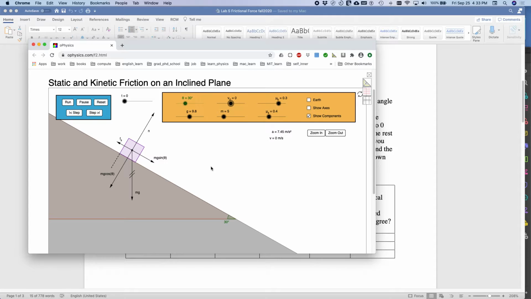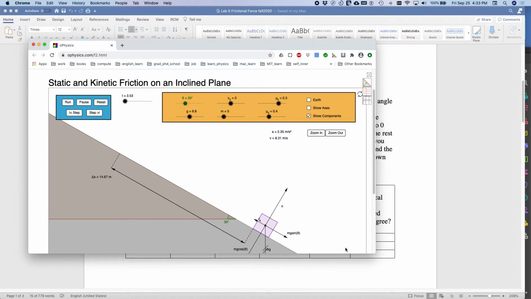So for the first part, we can just start at angle theta. If we run it, it's going to look something like this. It may be helpful to pause the simulation before the object keeps going, up to I guess infinity.